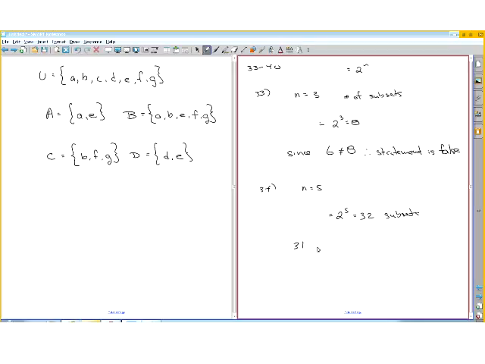If you subtract 1, you get the number of proper subsets. So the statement is false, because there are actually 32 subsets. It would be a true statement if it said there are exactly 31 proper subsets.